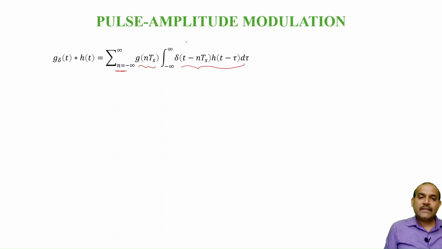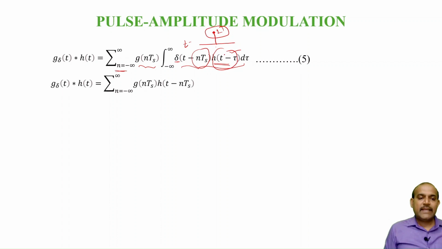What is the delta function? You know, that is at t equal to the mentioned value. So you have a delta function. Delta function means whose amplitude will be 1 only at that particular instant. So when you multiply 1 with any function, you get the same function, but you get the shifted version.